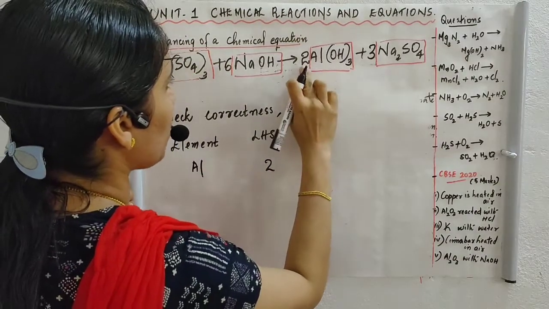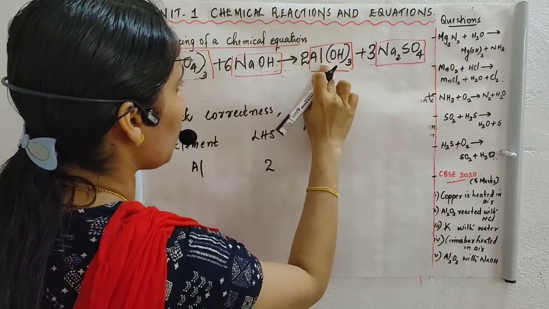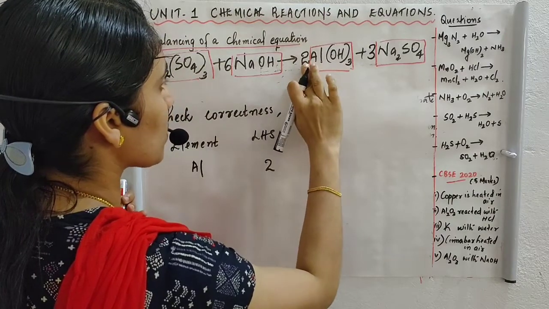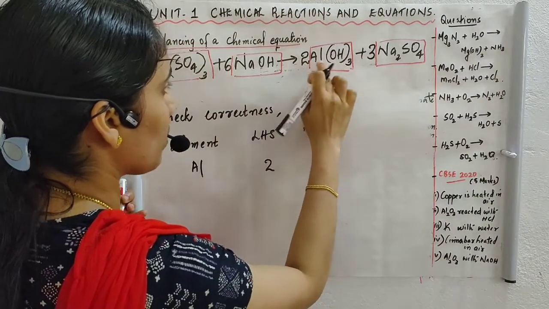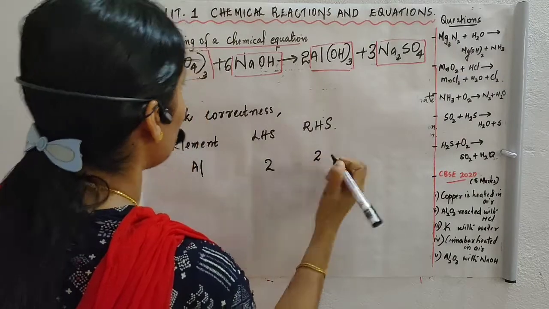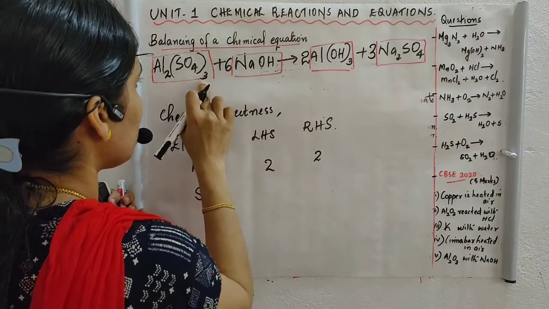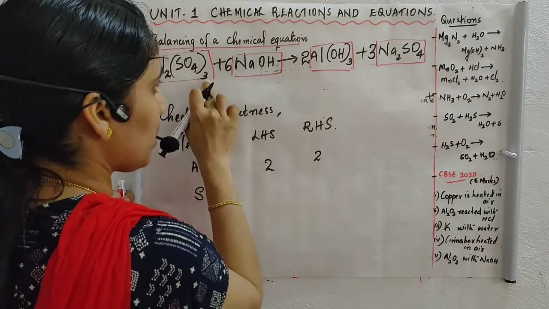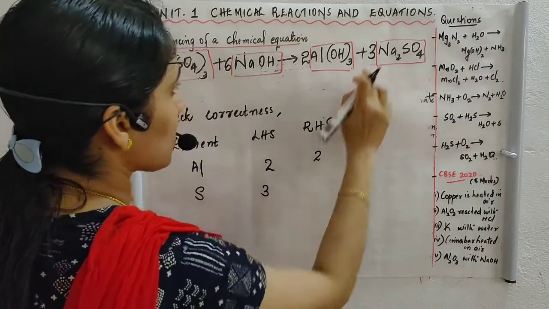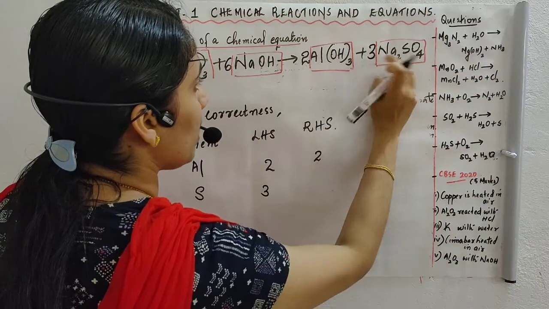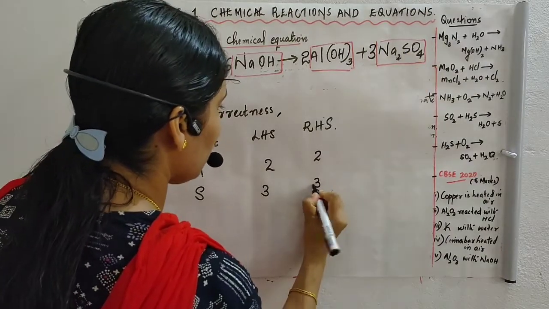On the right side, how to read it? That means 2 into 1. 1 2 we are putting here, which means that is common to all these elements. So the number of aluminium here is 2. Then what about sulfur? Sulfur you can see 3 on this side, 1 into 3, 3. And this side how much? This is 3, so 3 into 1, 3 on this side.